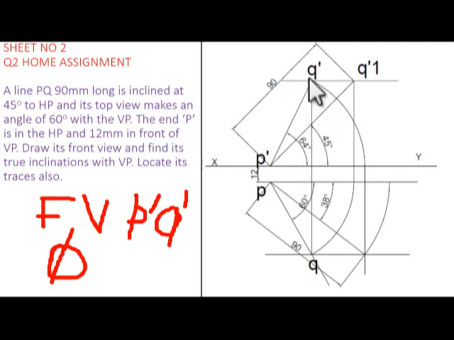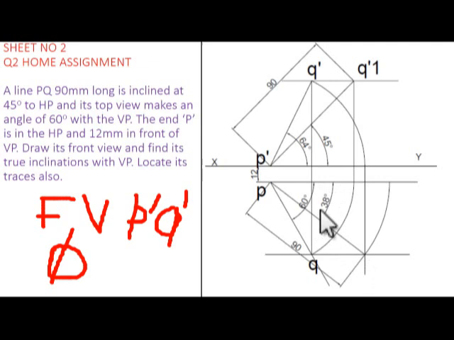Now we have to find phi. To locate phi, we have this Q point and this locus. From this point P, make a 90 degree arc and you will get the true length here. If this is the true length, this will represent the true angle.